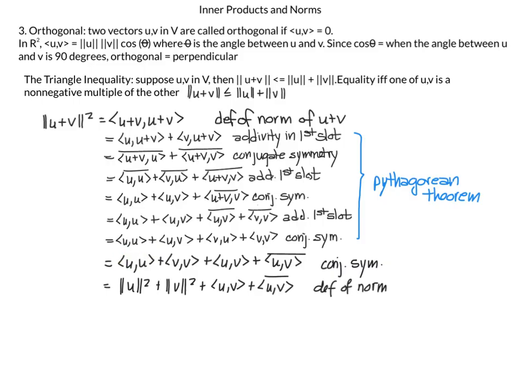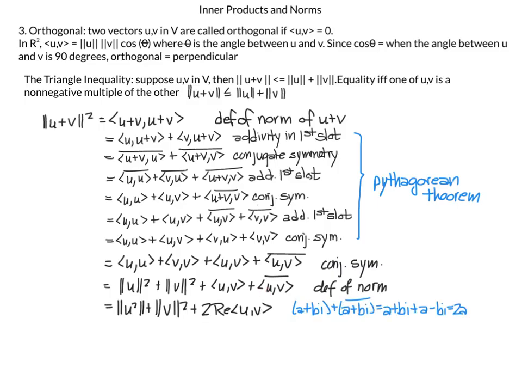Now, our inner product of u with itself is the norm of u squared, inner product of v with itself is norm of v squared, and we still have inner product of u and v plus the complex conjugate of the inner product of u with v. And now we're going to use the fact that we have the inner product of u v plus the complex conjugate of the inner product of u v.